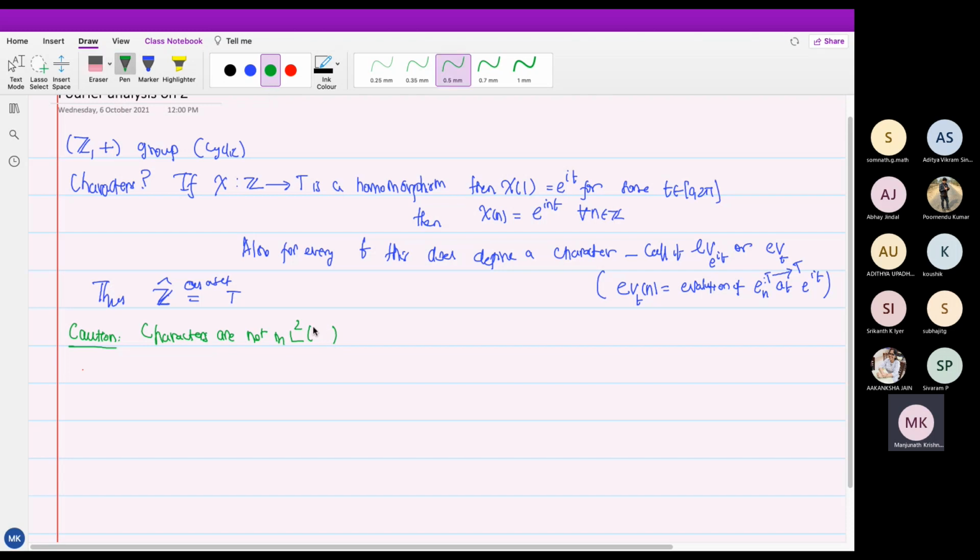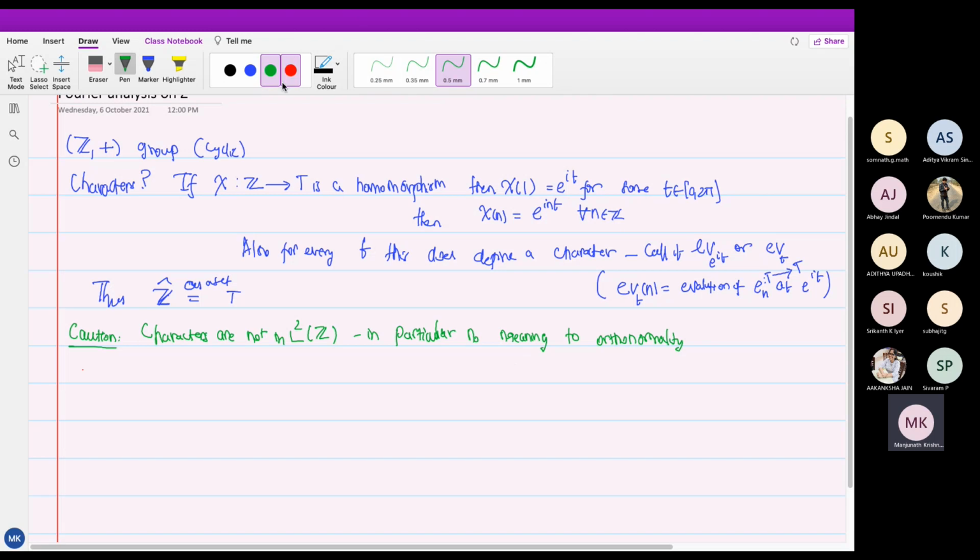So characters are not in L2 of Z. In particular, there is no meaning to orthonormality.